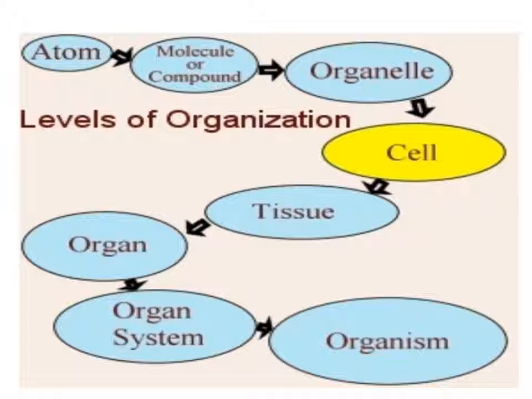These are not alive. These molecules and compounds can form functional structures, which are parts of cells. These are called organelles, and then these organelles can link together to form a cell, which is the basic unit of living material.